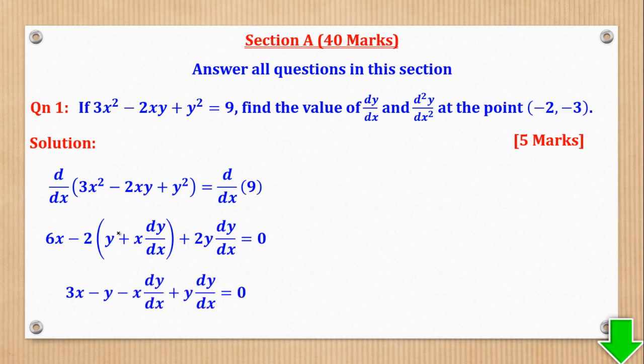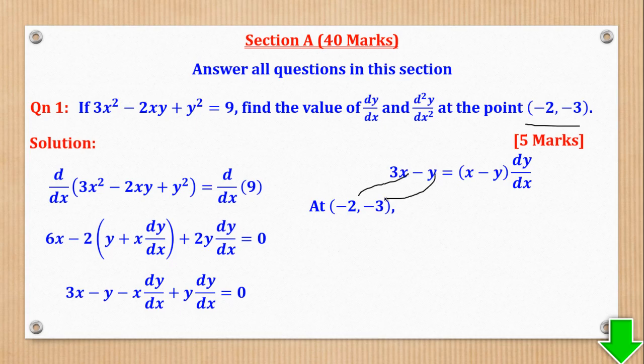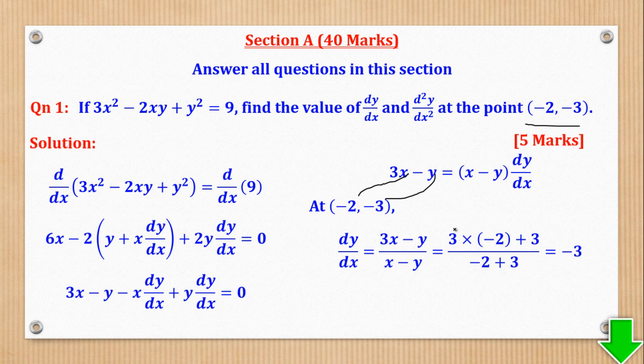Then simplify and collect like terms. So I've taken the dy dx this side to give you this. Then from there you shall remember that at this point x is -2, y is -3, so I can get the value of dy dx, which will be -3.